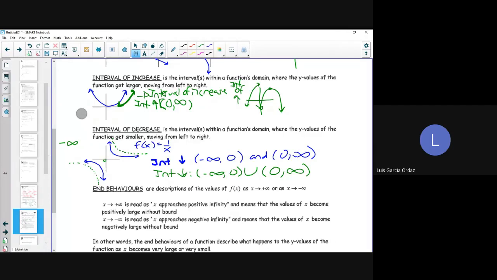So from negative infinity all the way to 0, the y values keep decreasing, as you can see from this downward trend, right? And for the right side, from 0 to positive infinity, it decreases as well. So that's why the interval of decrease for this graph is both negative infinity to 0, and 0 to positive infinity.